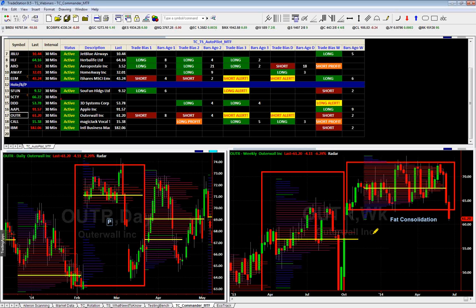When it broke, you notice that there was really a bit of support here at this line. But you look at the bottom, when it broke, it really has the opportunity to move down into its hole, a little hole right here. And there's your first target of support. You break down below that, again, on a weekly basis. This is a longer term situation here.